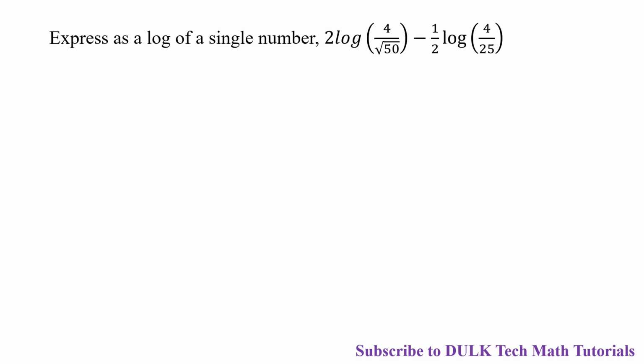We are going to make use of this law of logarithms where the coefficient of log can be taken as the power of x here, like this. So in this case, we have 2 being the coefficient of log 4 over root 50. We have half as the coefficient of log 4 over 25.